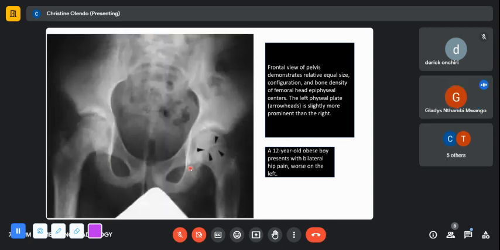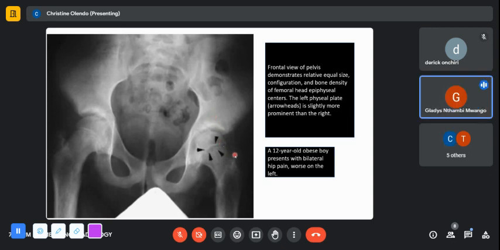Anything else? The line, the one that passes tangential to the femoral neck, should pass through part of the epiphysis.